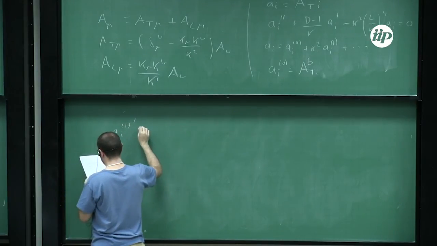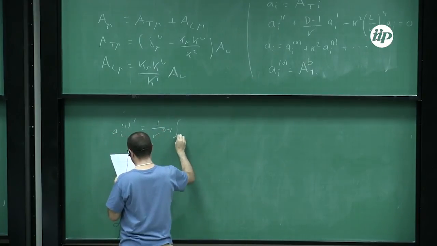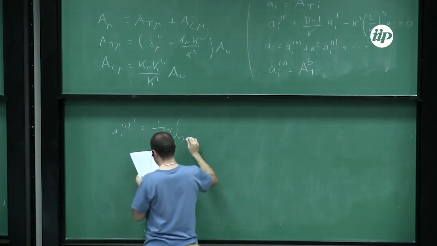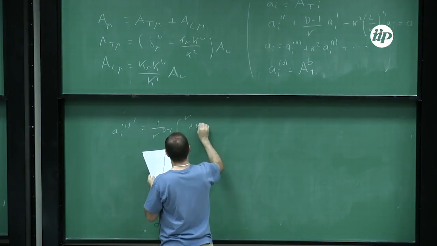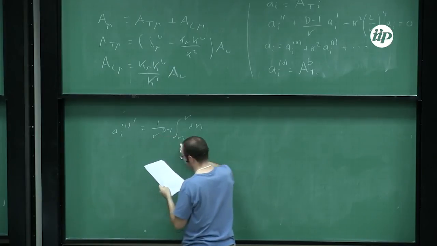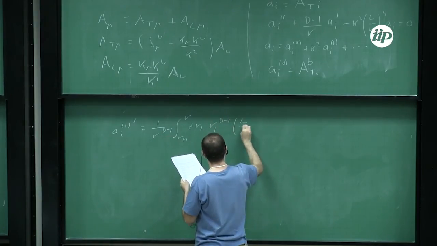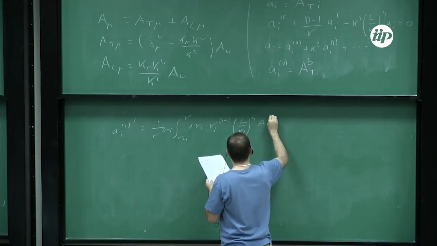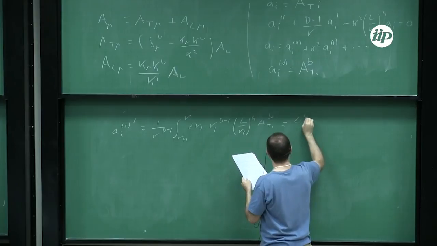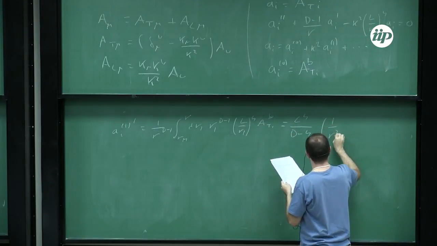So the first correction to the gauge field looks like this for the derivative. And again, this lower limit is fixed by imposing the no flux condition through the hard wall. You can do this integral explicitly. And it takes this form.